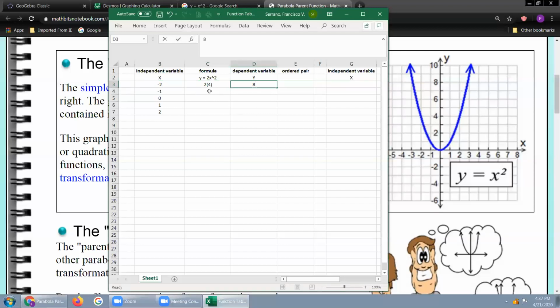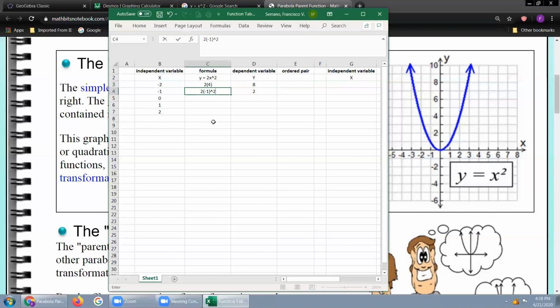Then -1 to the second power is 1, times 2 is 2. So this is saying 2 times -1 to the second power.